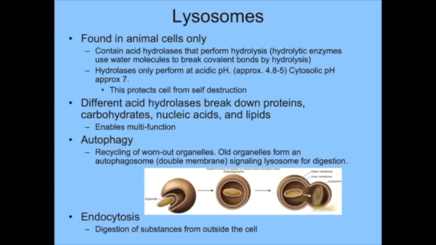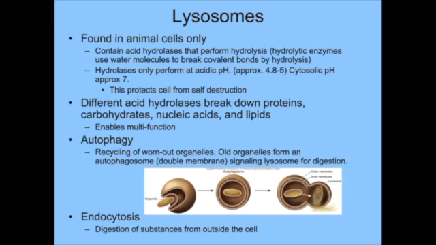So if these acid hydrolases get released into the cytosol, those enzymes will be neutralized. They will not be able to be activated. They will be what we call denatured, and they won't be able to function.